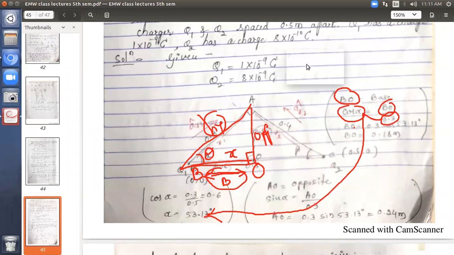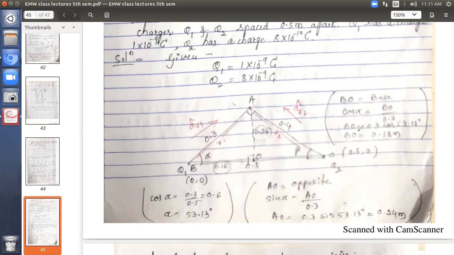Use the calculator and you will get this BO, this distance or this X, as 0.18 meters. I got this X as 0.18. Use the calculator and confirm it. It should be in degrees, don't use radians. Using this triangle cos formula, I found this.